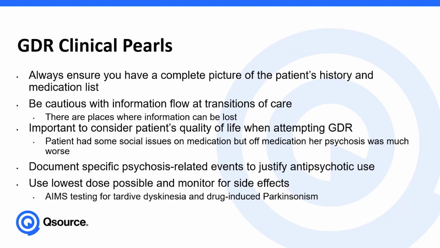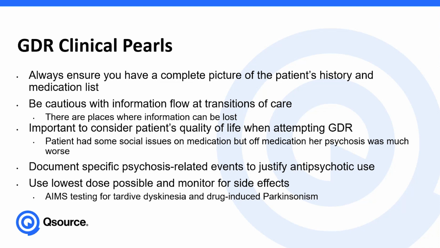So you always want to ensure that you have a complete clinical picture of the patient's history and their medication list. Be careful with the information flow at transitions of care. This is a place where information can be lost. It's important to consider quality of life when you want to talk about a GDR. Some patients are going to respond well. Some patients are not going to respond well.